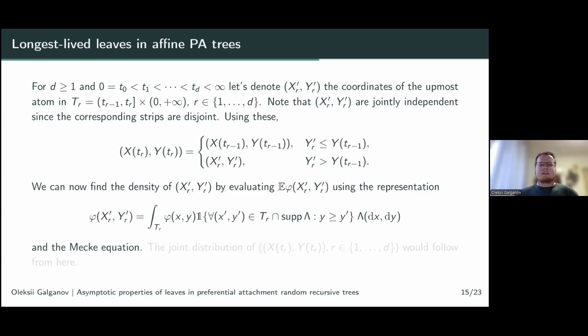And since they're independent, the joint distribution of our limiting process xy would follow from here.